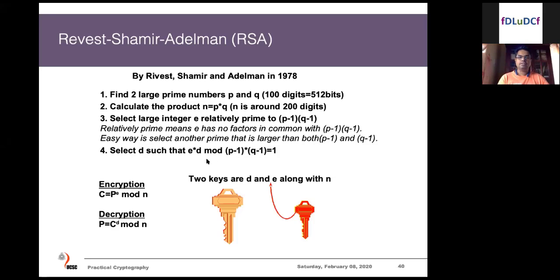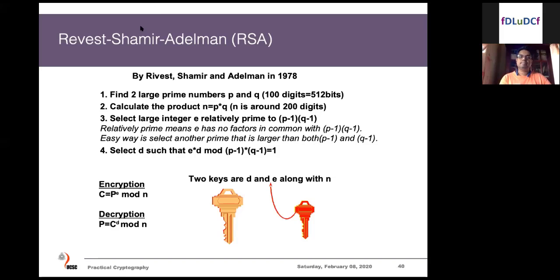We generate P and Q, then we know what (P minus 1)(Q minus 1) is, and we know the multiplication of these two, and we generate another prime number E. Then we find some way to get D. When you do this calculation, it should equal 1, right?